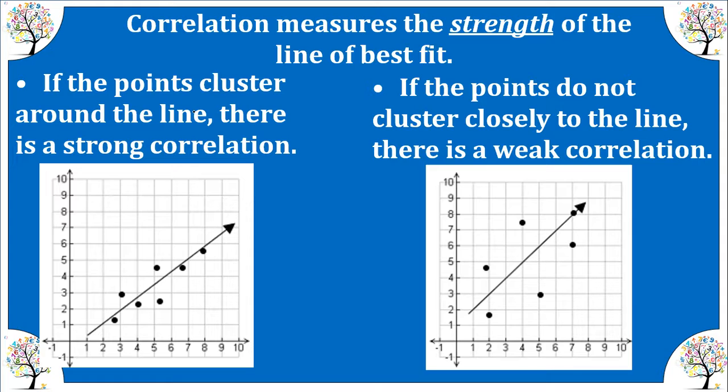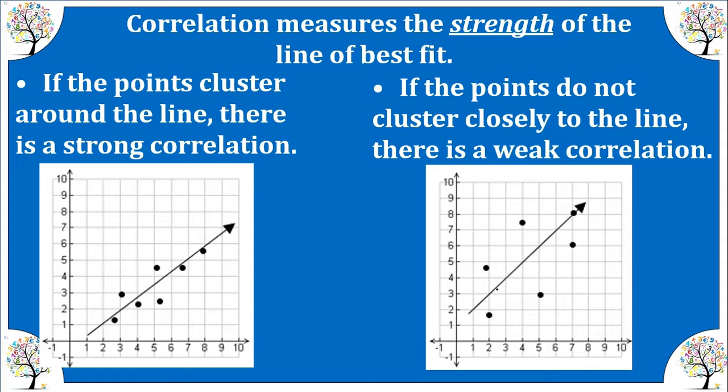Correlation. This measures the strength of our line of best fit. When our ordered pairs, our data points, are clustered close to our line of best fit, then we have a strong correlation. However, in our second example, we still see that we have a trend of an increase, but the points are scattered around the line of best fit.